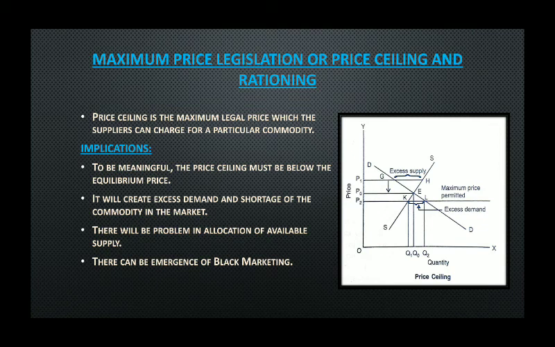Now, if the government fixes the price at a point above equilibrium, for example P1, then in such cases what we can see is P1 is the maximum price that can be charged. So, if any producer charges price P1, then at that price there will be more supply and less demand, that is excess supply in the market.